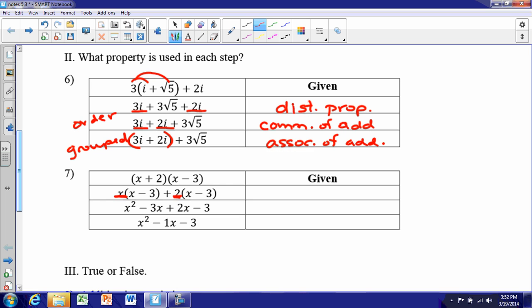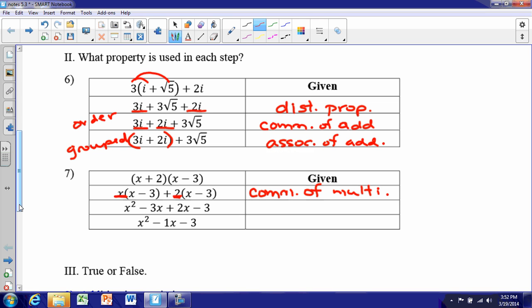So what it did was it actually changed the order of how the original was written. The original said x plus 2 times x minus 3. And then it split up the x and the 2 in a different order. So that is commutative of multiplication.